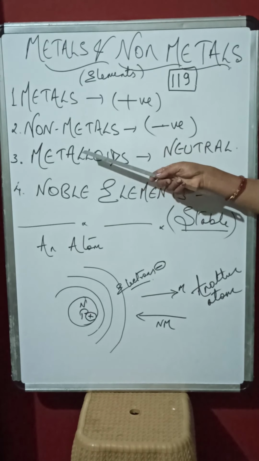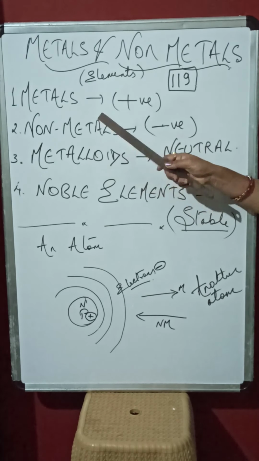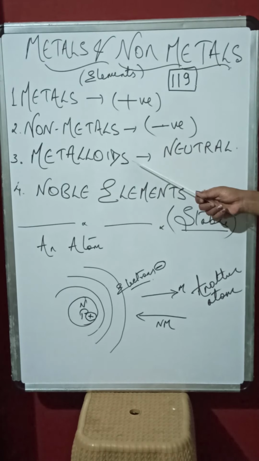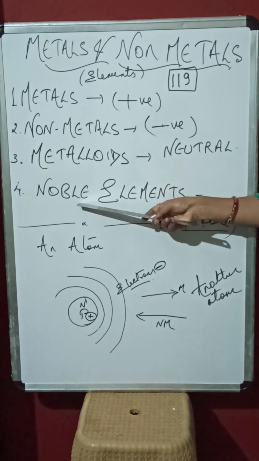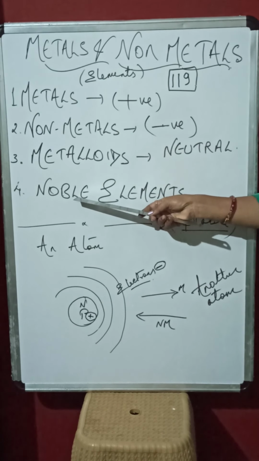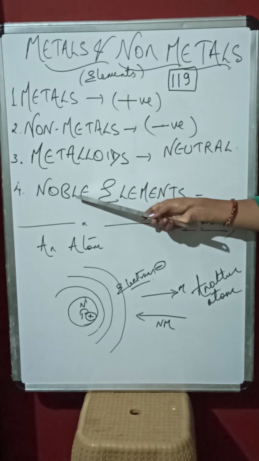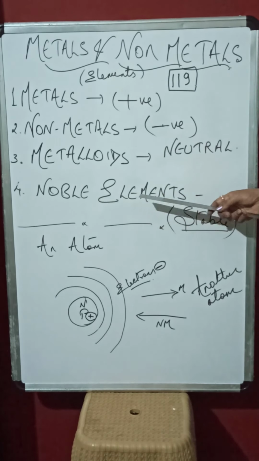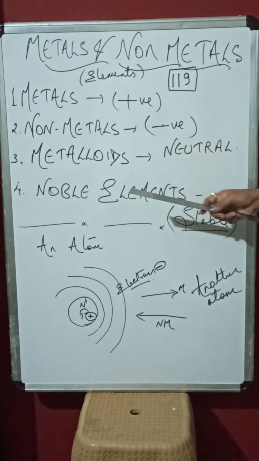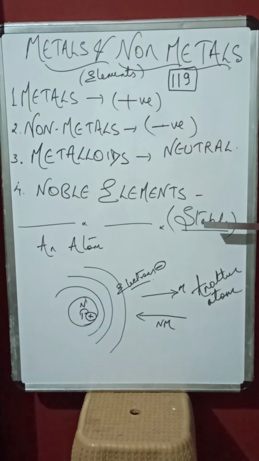Any element whose atom sometimes behaves like a metal and sometimes behaves like a non-metal is known as a metalloid. Any element which neither gives away electrons nor takes electrons, totally inactive, such an element is known as a noble element. We can say that its valency is stable.